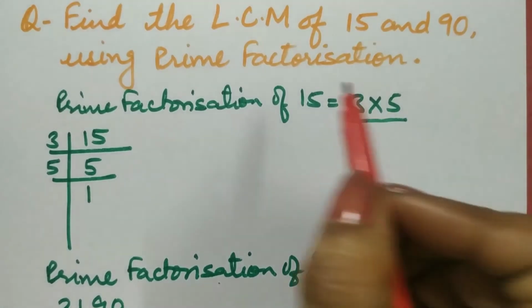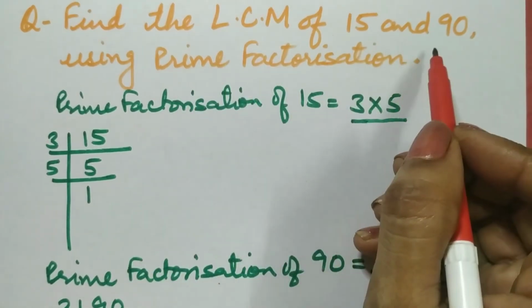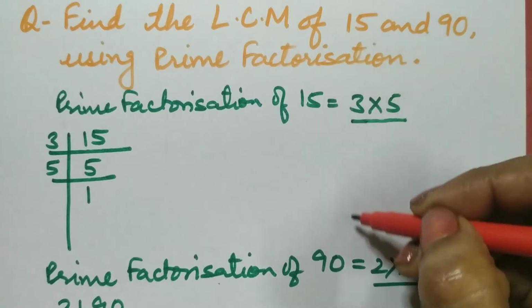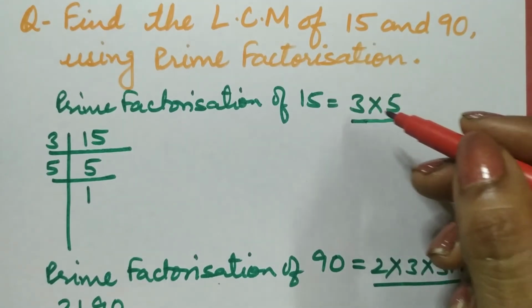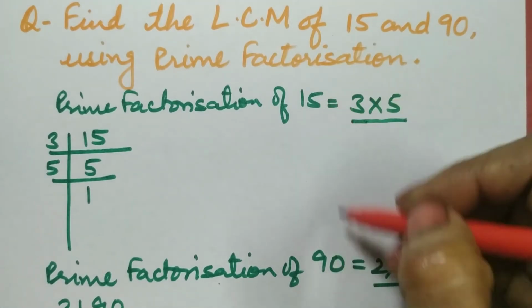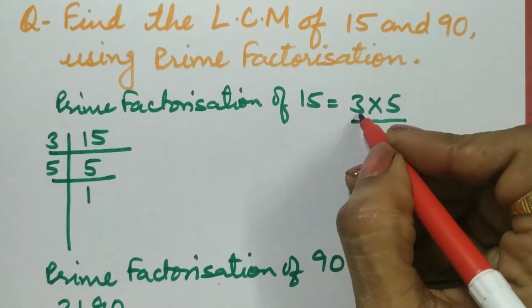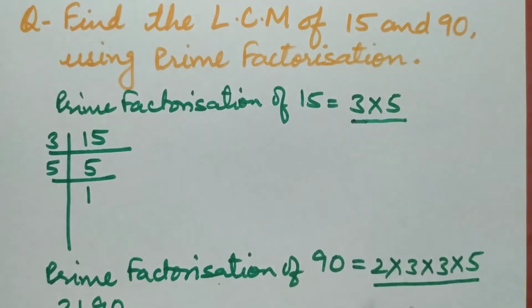Now in the next step, you have to find the LCM of 15 and 90. For that, what you have to do? You have to make a group of common factors of the given numbers. See, 3 is a prime factor of 15, and 3 is also a prime factor of 90.